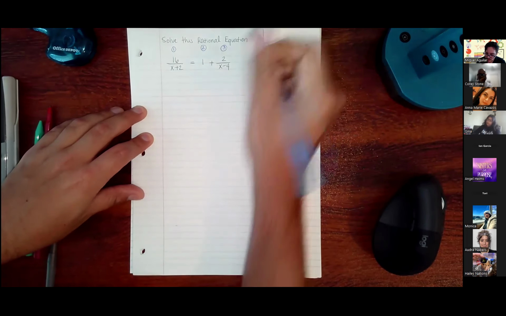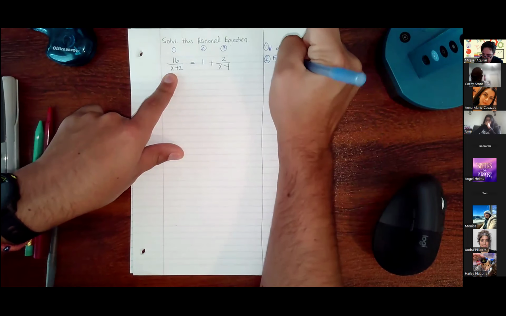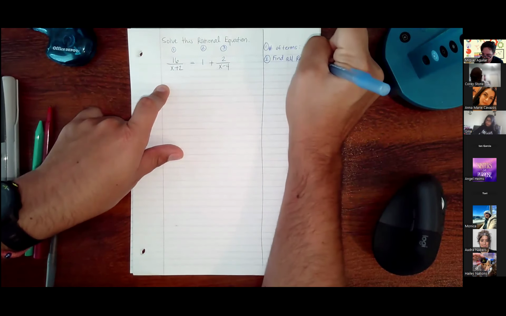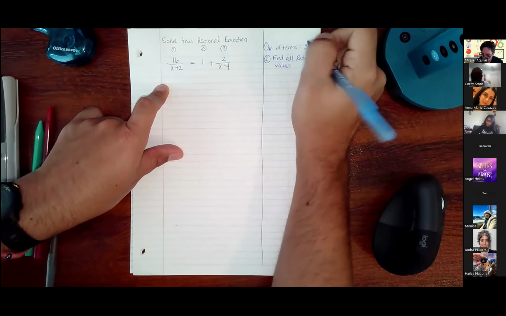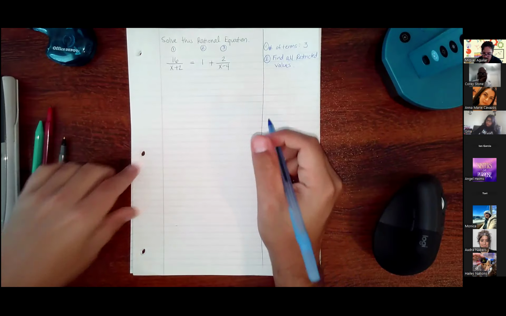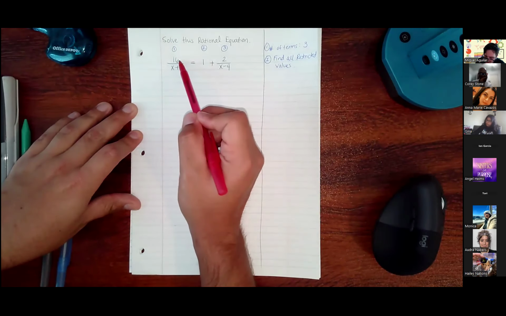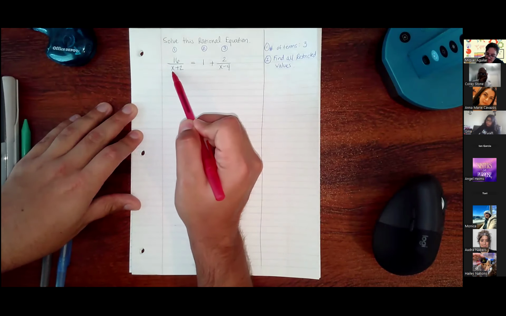For these rational equations, we actually have to find all the restricted values first, for each term. Okay. So if you recall, a rational expression is one that has a variable in the denominator.